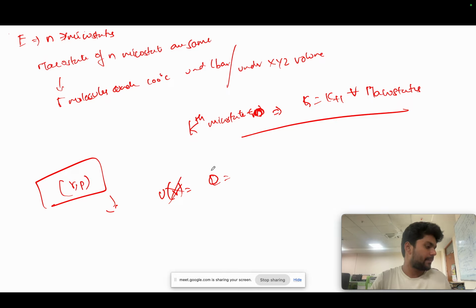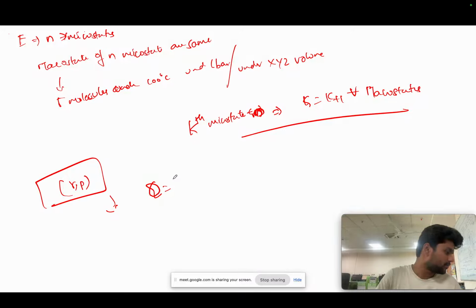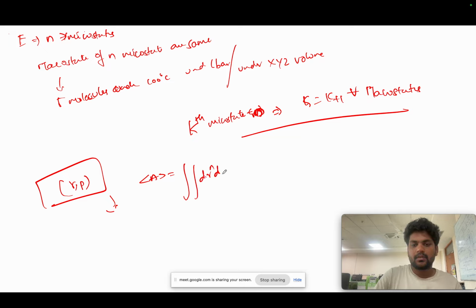If you remember, in the ensemble approach Q equals an integration.